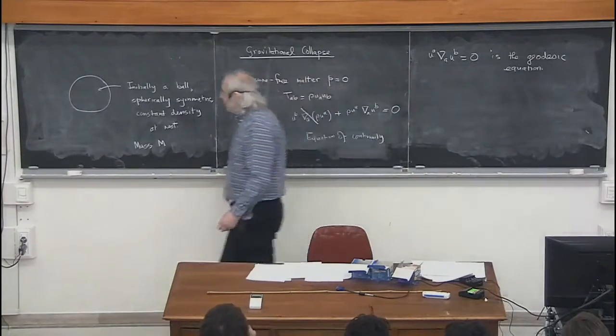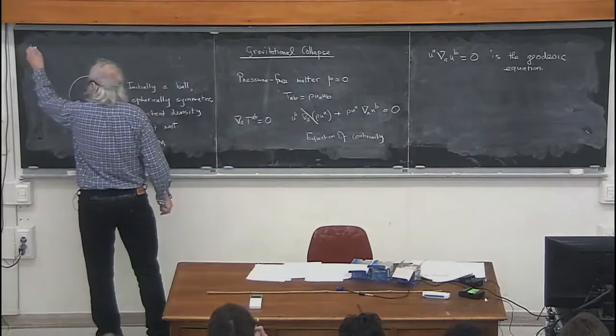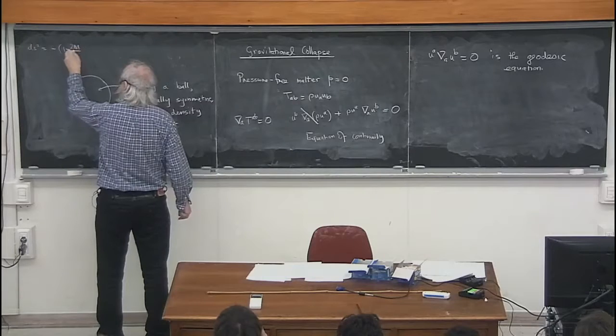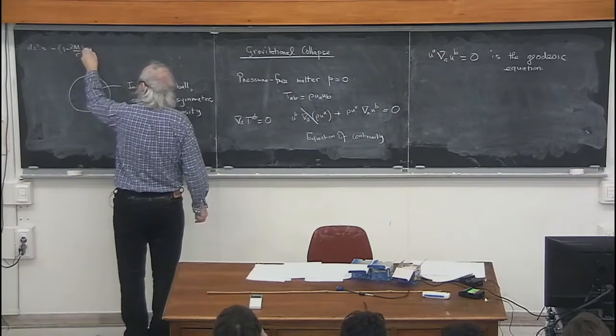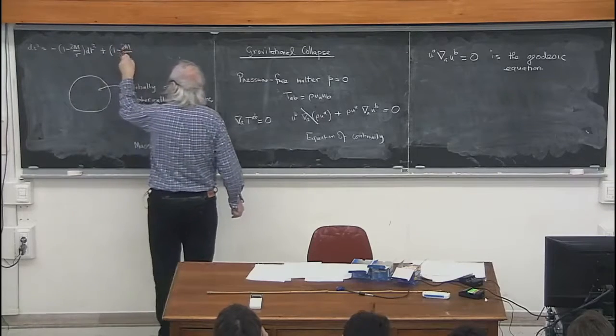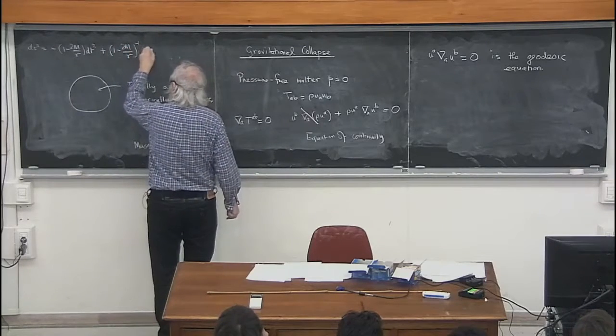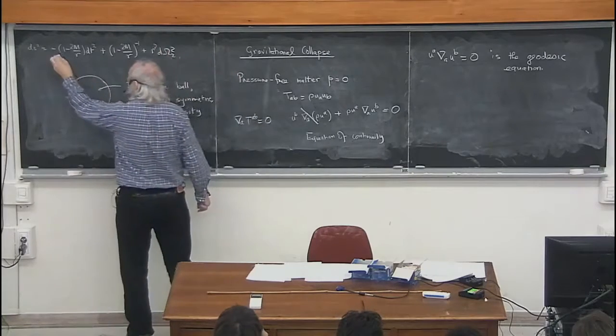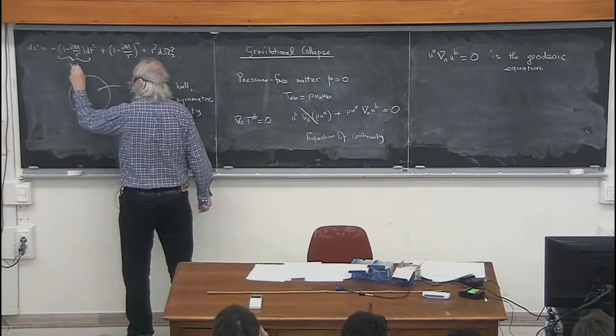So outside, ds squared is equal to minus (1 minus 2m over r) dt squared plus (1 minus 2m over r) to the minus 1 dr squared plus r squared d omega squared. I'm going to call this function here v of r.